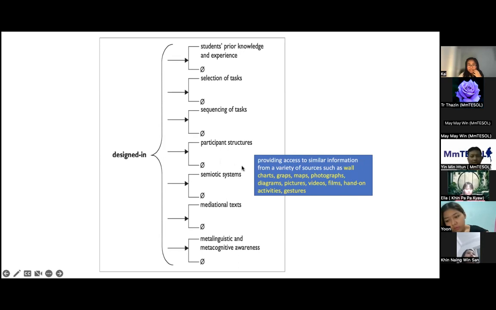For example, we have some reading text in the lesson. To help the students have better understanding, we show video clips. That is a kind of scaffolding as well. And also, when we want the students to think about similarities and differences, we will use the Venn diagram. That is also scaffolding to make the students see the differences and similarities clearly.